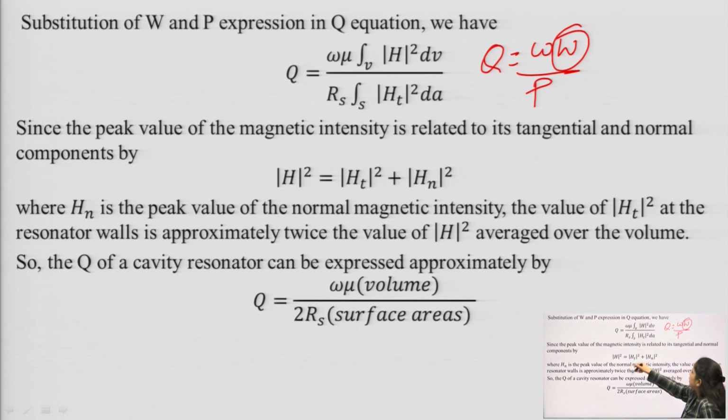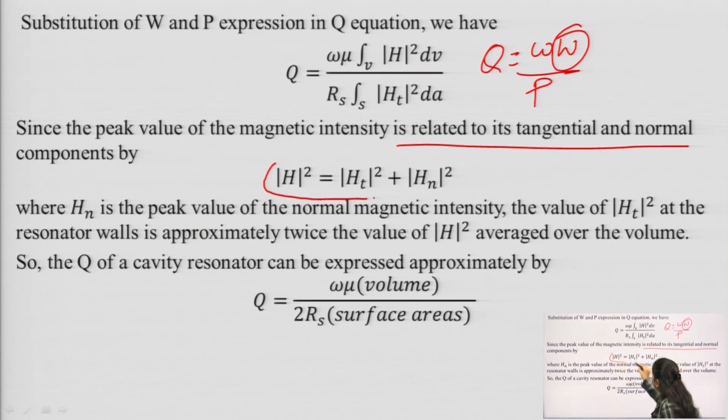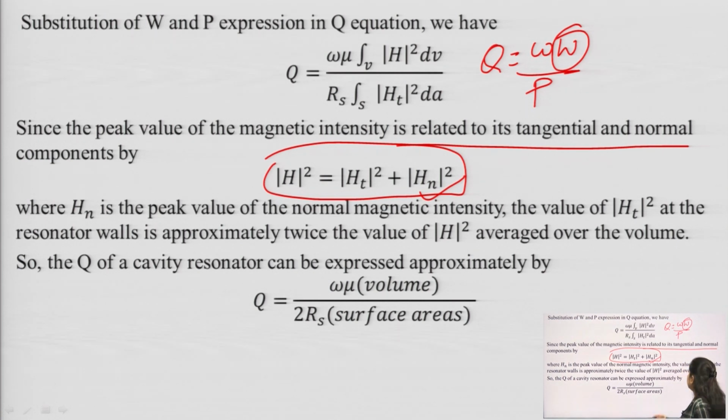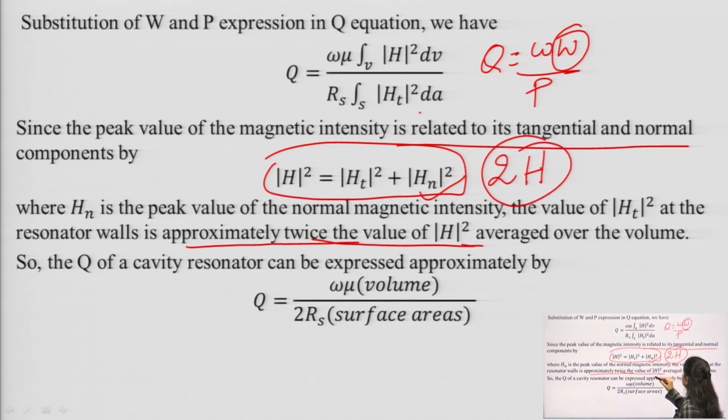Since the peak value of the magnetic field is related to the tangential component and the normal component, we know that H squared is equal to Ht squared plus Hn squared. Hn is the peak value of the normal magnetic intensity, and Ht at the resonator wall is approximately twice the value of H. So, what we are getting is that Ht squared is twice H squared.